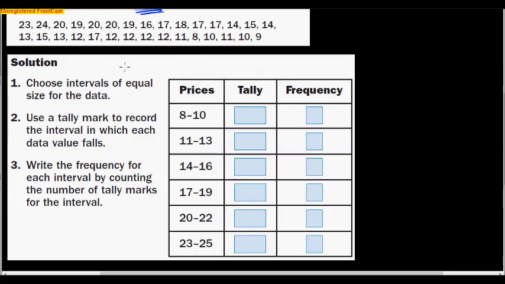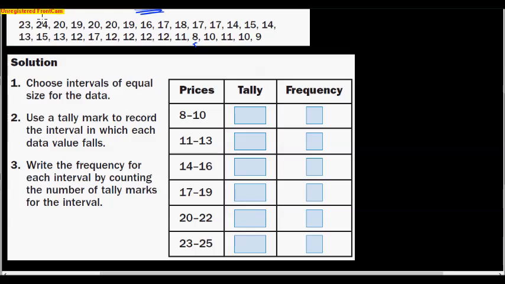So first of all, this is nice. They have this little solution checklist here. You got to choose your intervals. Whenever you make a frequency chart, you choose intervals. So we looked at the lowest cost, which was $8, and the highest cost, which was 25. Somewhere up here.